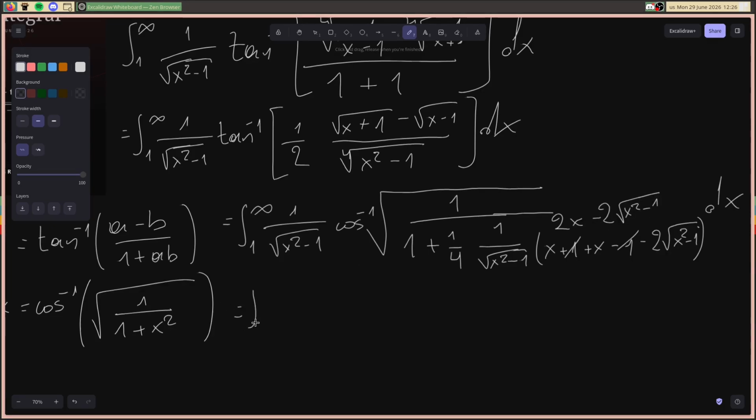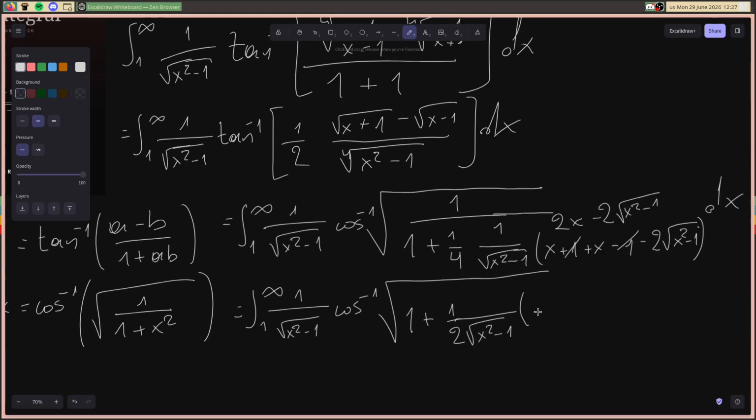So if we write this again, the 1 over 2's can disappear and make the 1 over 4 a 1 over 2. You get a square root of x squared minus 1, and we multiply this by x minus the square root of x squared minus 1 dx.